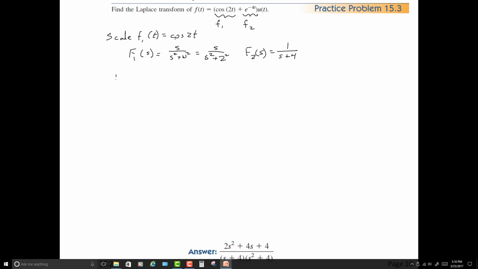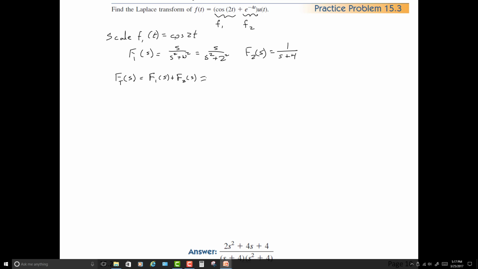Now in terms of our properties, we've got F(s), the total, which is F1(s) plus F2(s).